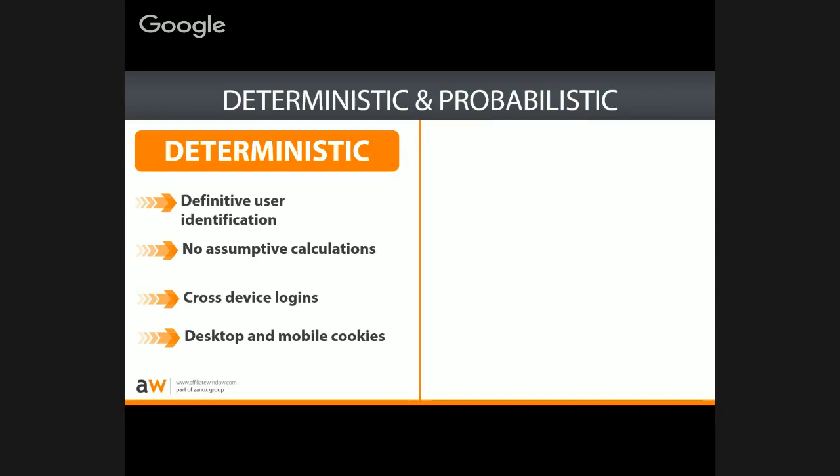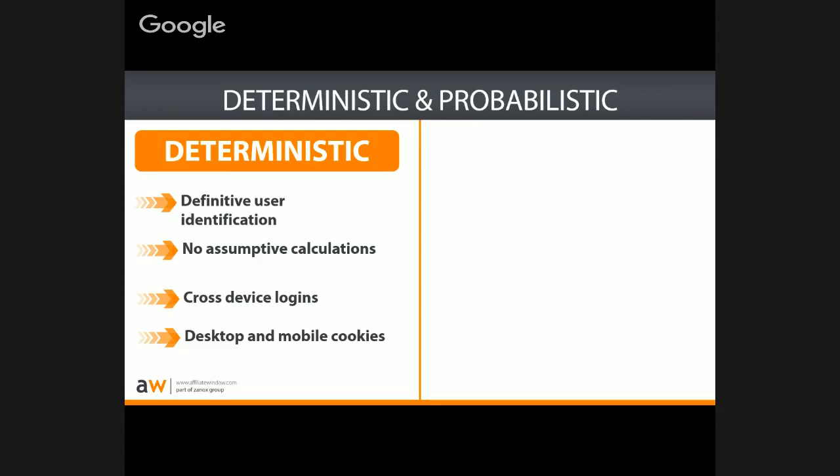A deterministic method definitively identifies the user in some way. And what's key about deterministic cross-device tracking methodologies is that no assumptive calculations are made. There's no guesswork in deterministic tracking. You know that you've identified a user and that you know a transaction has been placed by that user on that device.